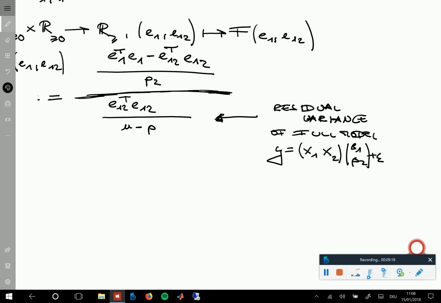So this difference here is a reduction of residual variance per additional regressor, and I will explain that more in a second.